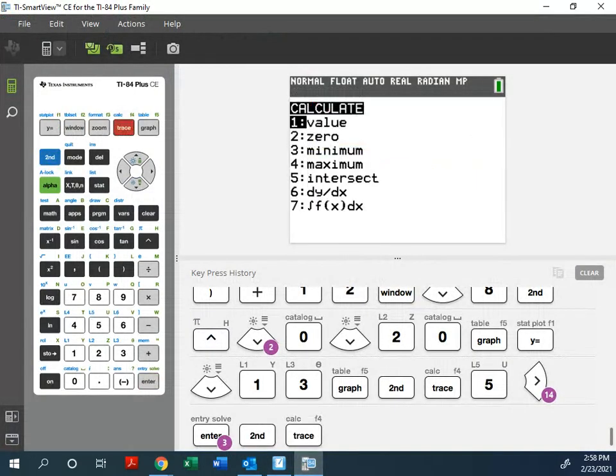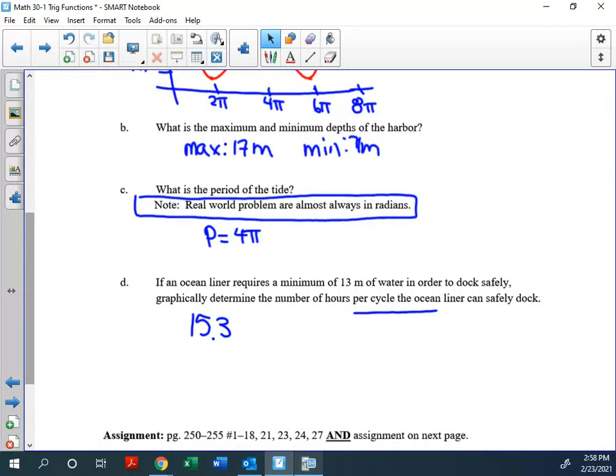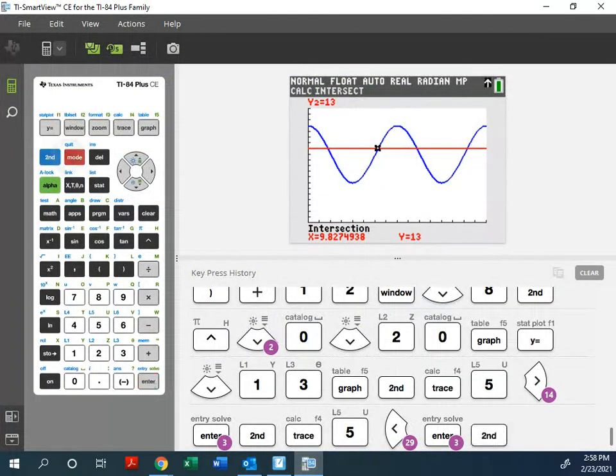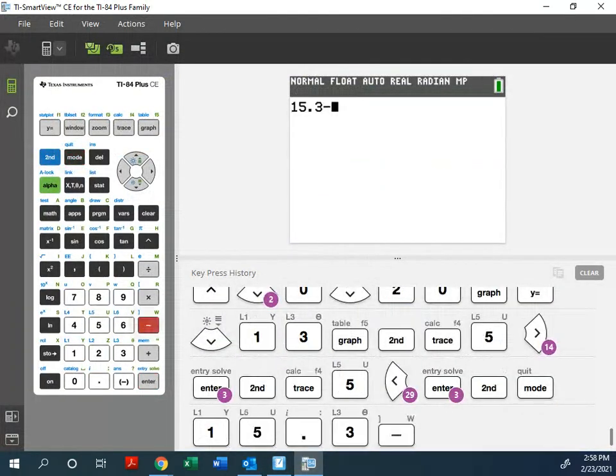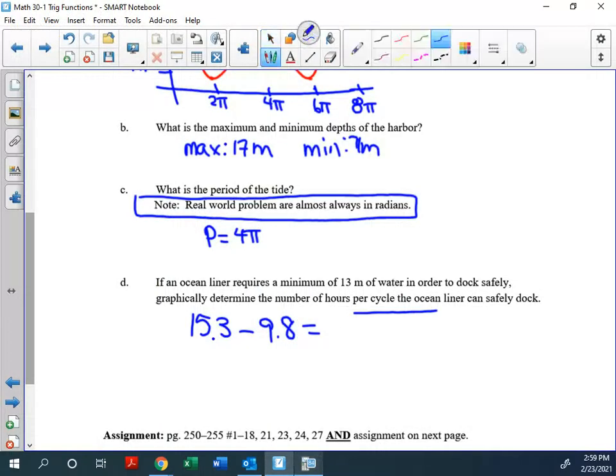That second function, trace 5. Find my other intersection point, 9.8. Subtract 2. 15.3 minus 9.8, because I want to find the distance, about 5.5 hours per day.